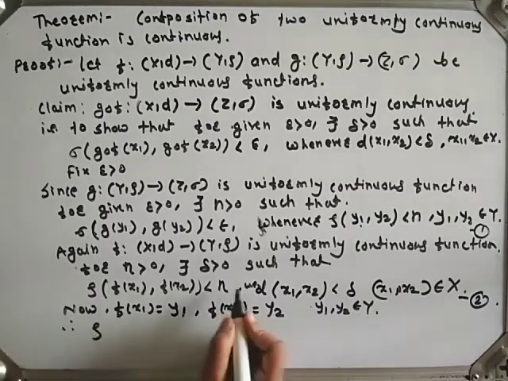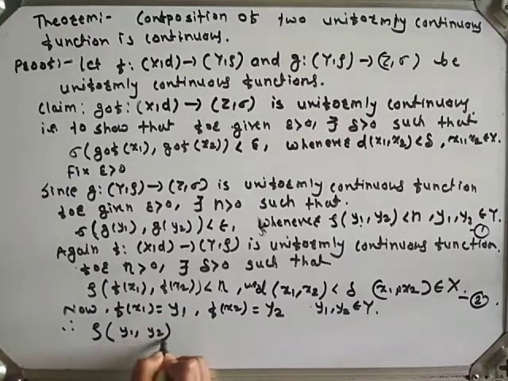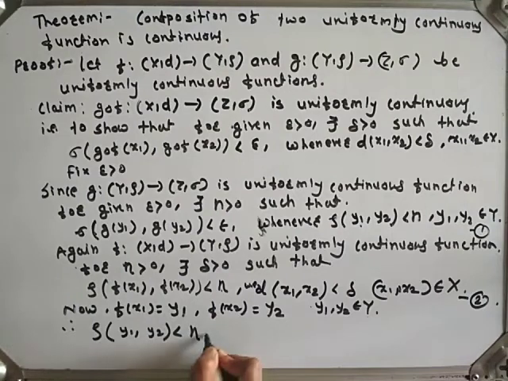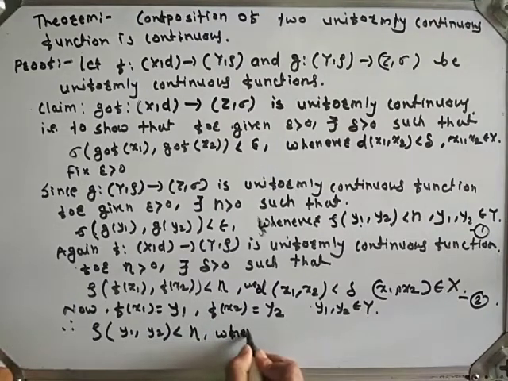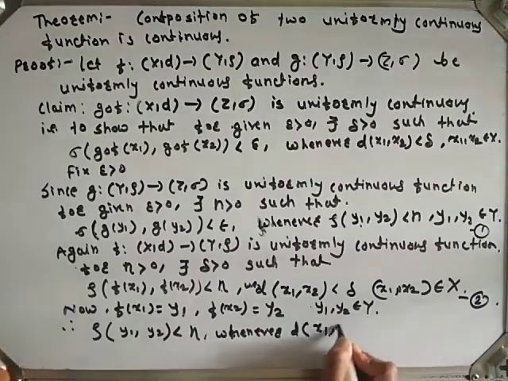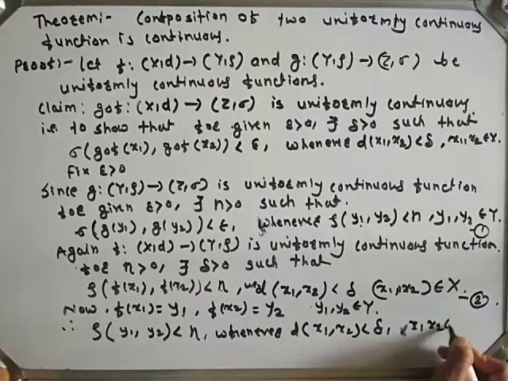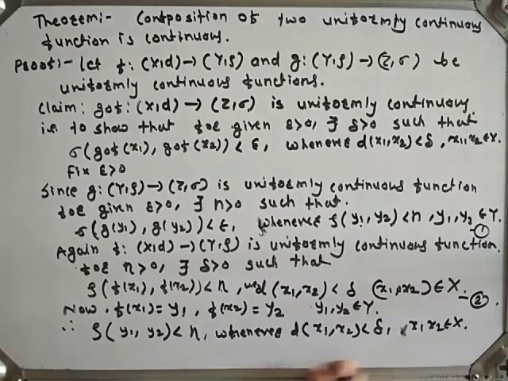Therefore, this equation becomes rho of f of x1 comma f of x2 is strictly less than eta whenever d of x1 comma x2 is strictly less than delta. This x1 and x2 belong to capital X. Okay. Suppose this is equation number 3.